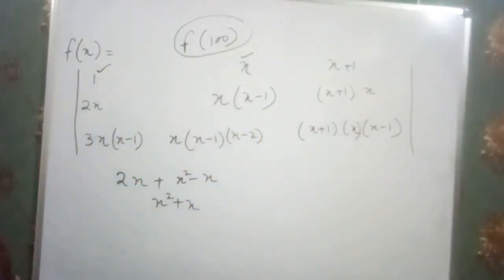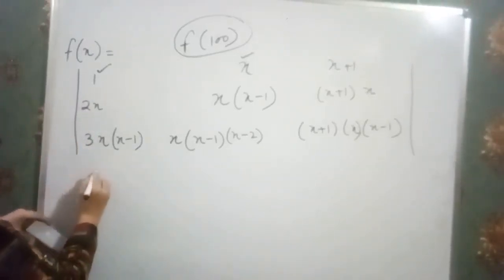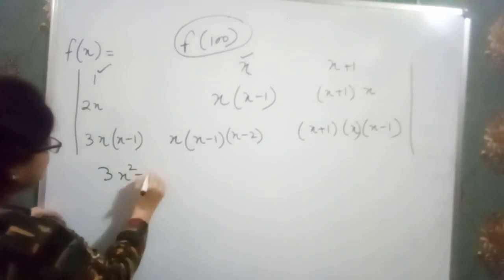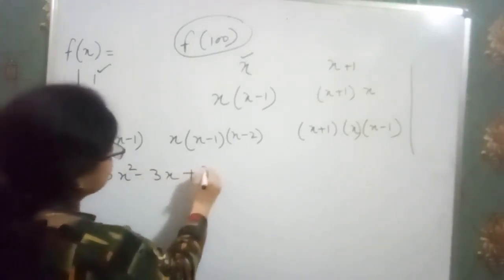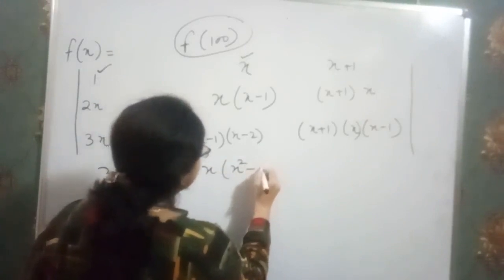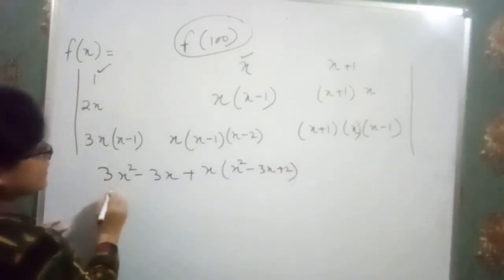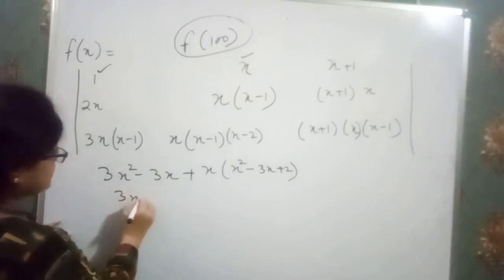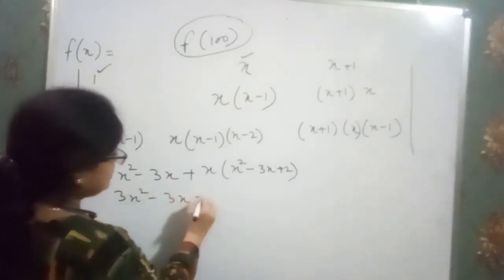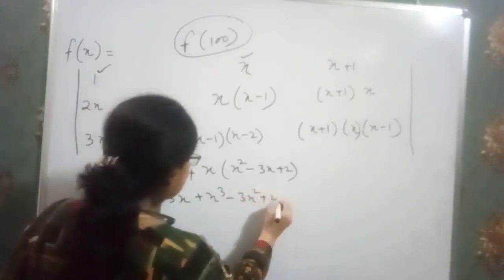We have 3x square minus 3x plus x into x square minus 3x plus 2. So we have 3x square minus 3x plus x cube minus 3x square plus 2x. So we have x cube minus 6x square minus 5x.